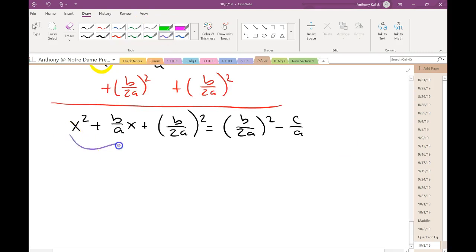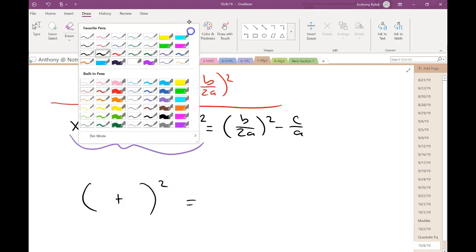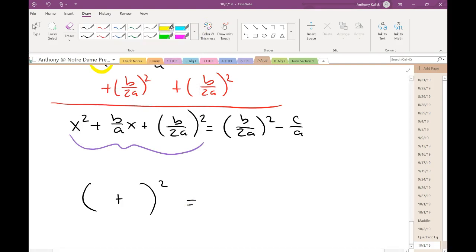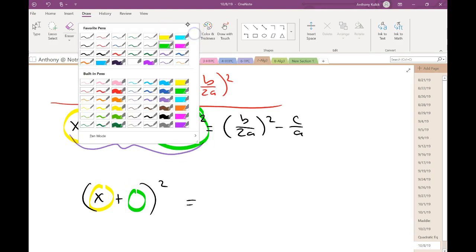Now I know that this side factors because it's a perfect square. It factors in a very specific way. It's going to factor into something plus something squared. The first something comes from the first piece. The second something comes from the second piece.